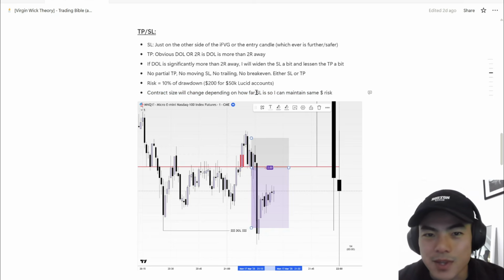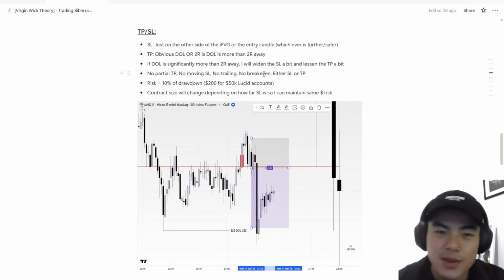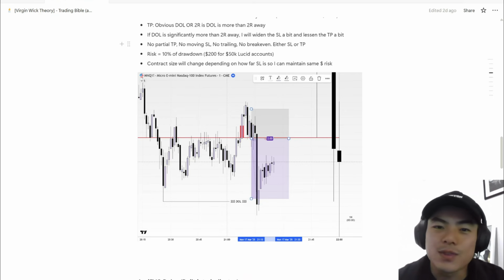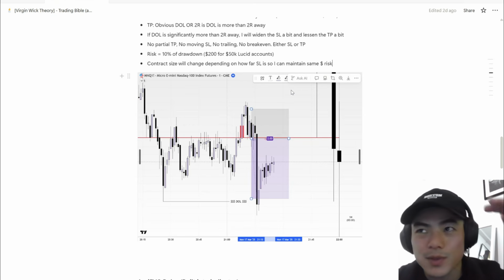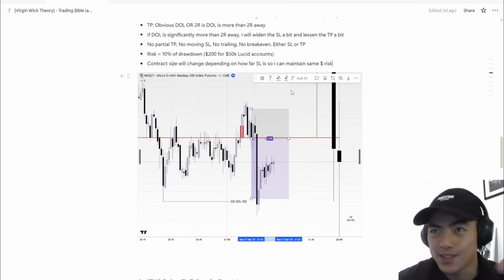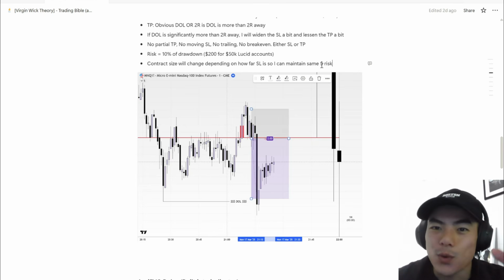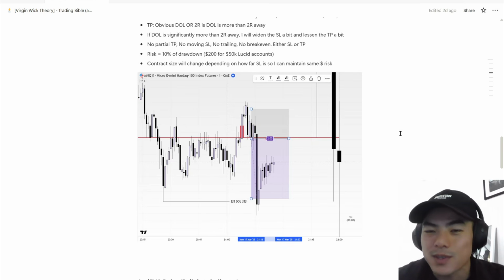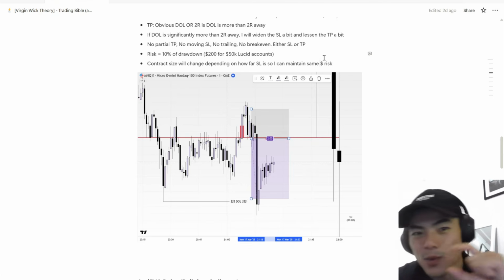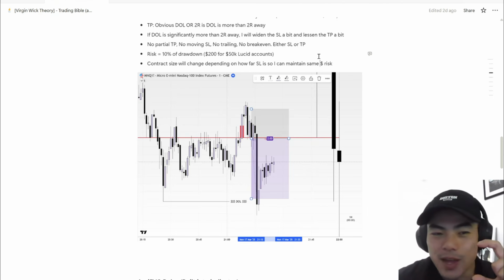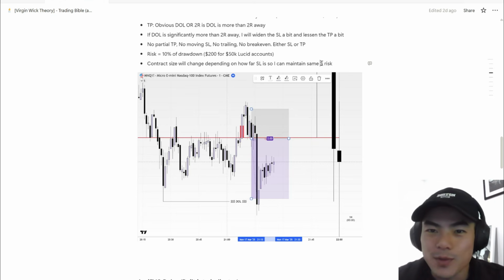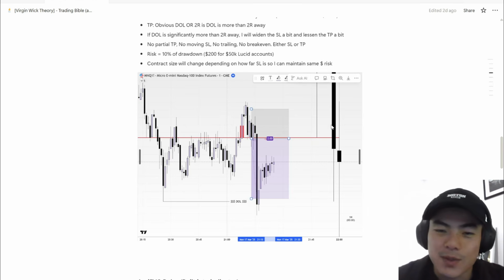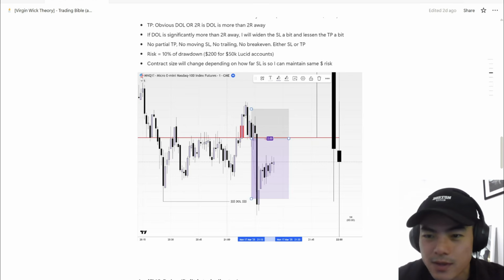So right now I'm risking around $200 each trade. Sometimes if you have a really wide stop loss, then you'll have to use less contracts so you can still maintain that same dollar risk. But if you have a really small stop loss, then you can have more contracts because hitting your stop loss will still mean you lose $200. So that's how I go about contract size.